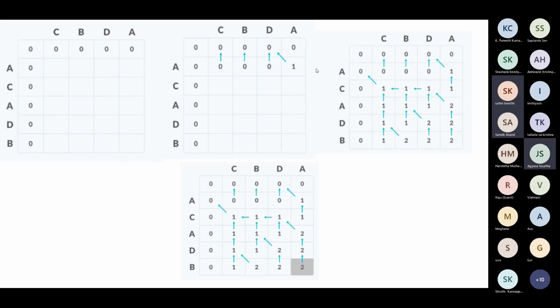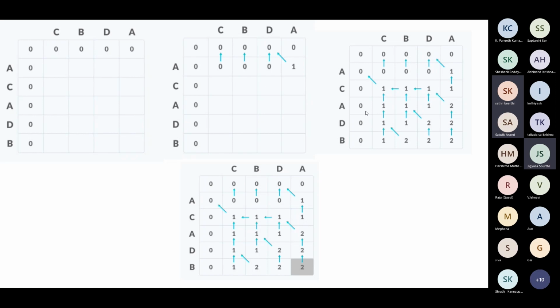In the same way, consider the second row and the last column. Here A and A are the same. It means that for CBDA and only A as a string, the longest common subsequence is A, so you get 1. When two characters are equal, you just add 1 to its diagonal element; here it was 0, so 1 is added.